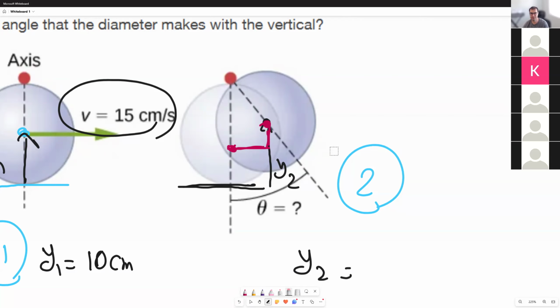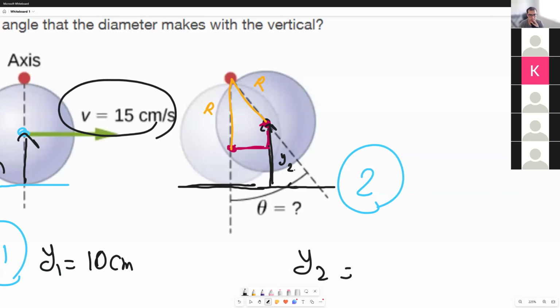Is y2. Anyone? What is y2? This is y2. What is it? 20 minus 10 cos theta.